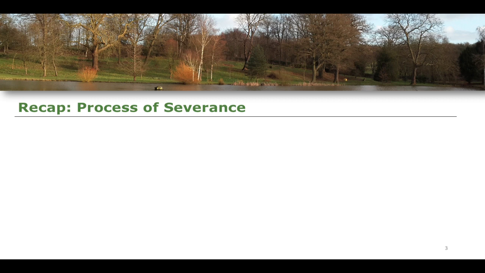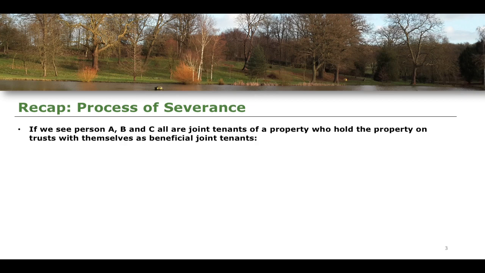As a basic recap then, what is severance and how does it work? What is the process by which severance takes place? Say we have three people, A, B, and C, who are all joint tenants of a property, and they also hold the property on trust for themselves as joint beneficiaries of the tenancy.